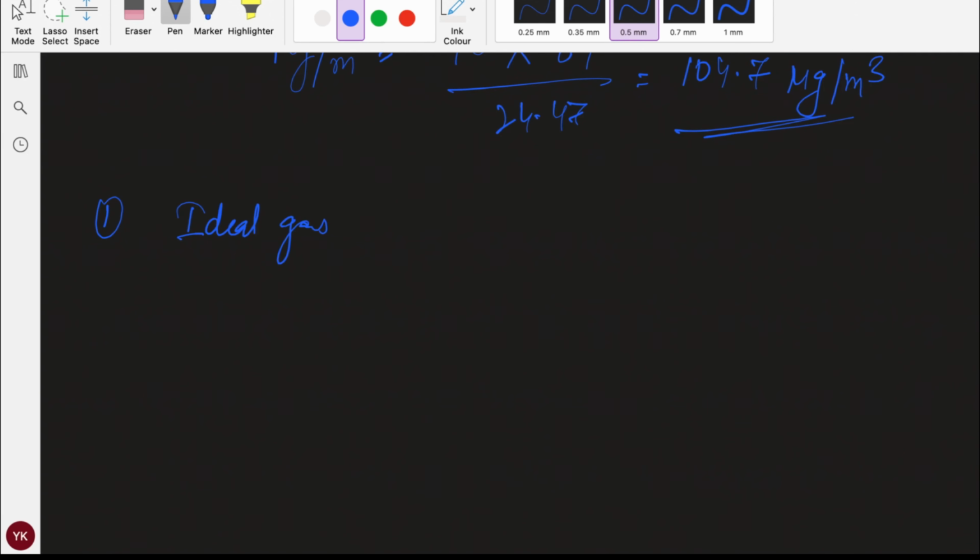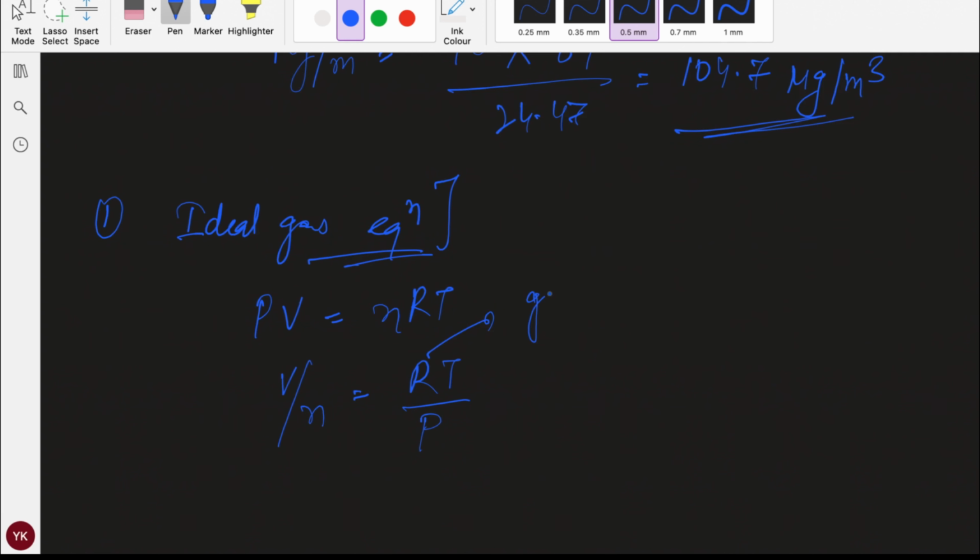You must have studied the ideal gas equation in your earlier classes, like 11th and 12th. It is PV equals nRT. When we have to find the volume of an ideal gas per mole, it comes out to be V by n equals RT by P, simply shifting the values from one side to the other.